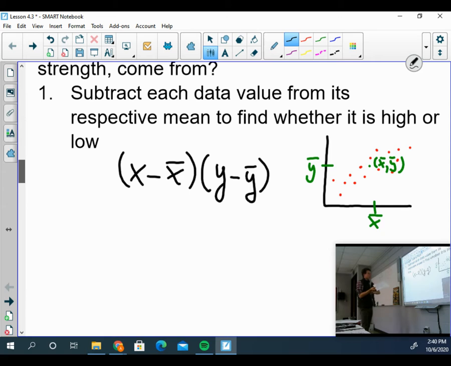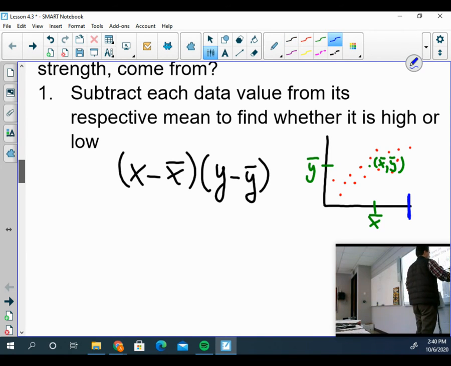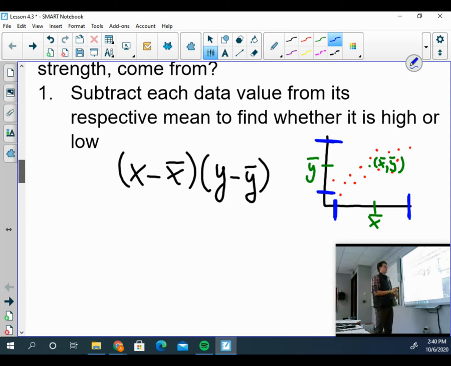If X minus X bar creates a positive value, then it is a high value for X, and will end up on this end of the spectrum. If it is a low value for X, it'll create a negative value, and it'll be on this end of the spectrum. Same with Y. If Y minus Y bar produces a negative value, then Y is on this end of the spectrum. If it makes a positive value, it's on this end of the spectrum.